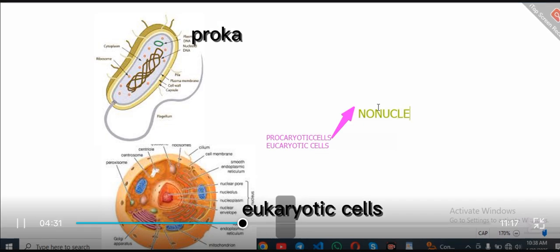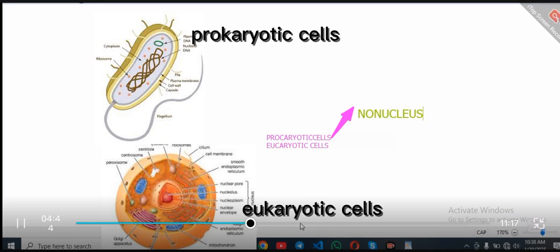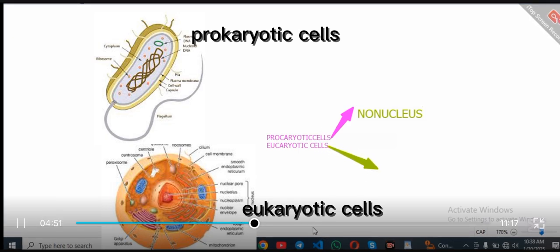So it does not possess a true nucleus, while the eukaryotic cells possess a nucleus. Examples of prokaryotic cells are bacteria and algae, which do not actually possess a true nucleus.